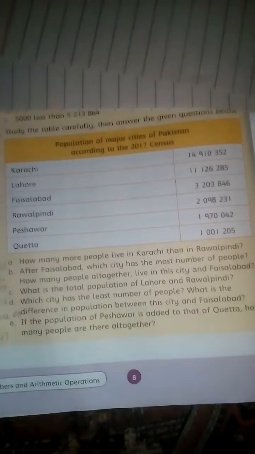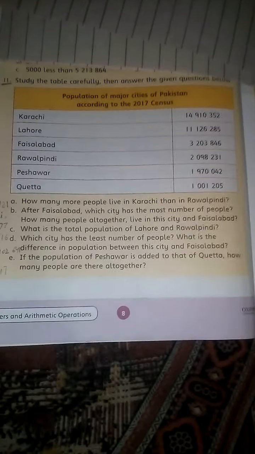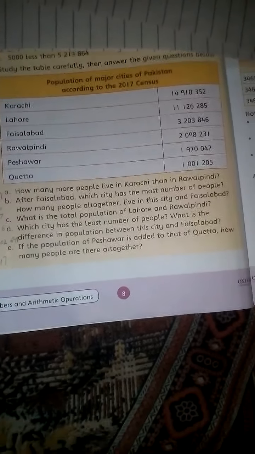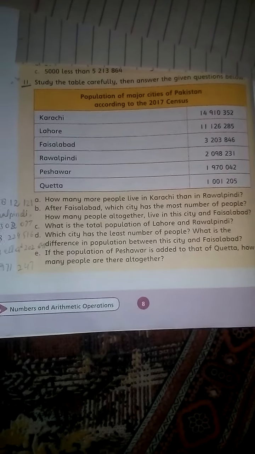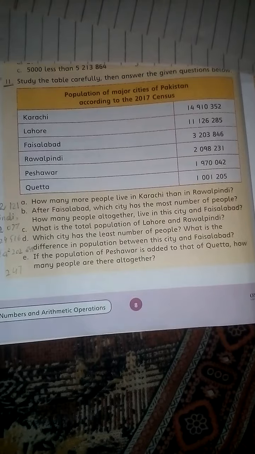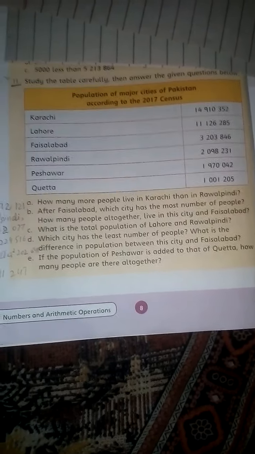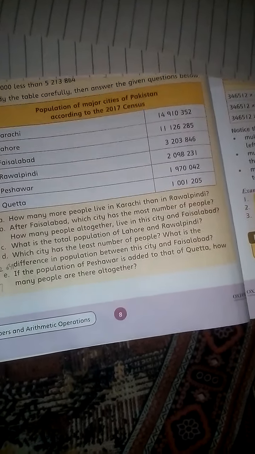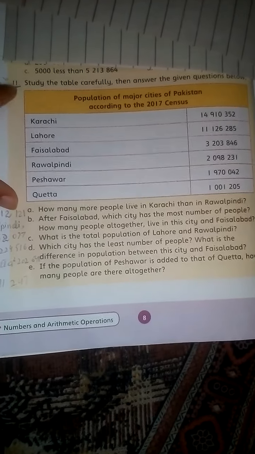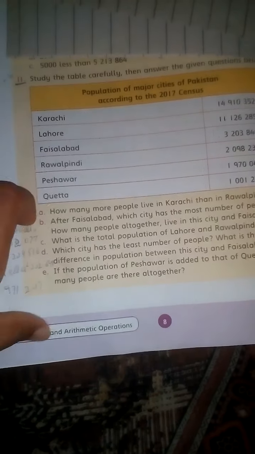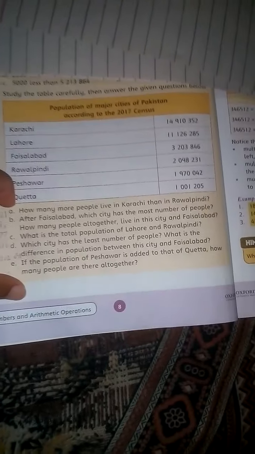You have already had some graphs in the previous classes, and you have to solve from the given data observation and find the answers. Here are some population records, and you have to just read, understand, and answer these questions. It is very easy, no need to worry about it.